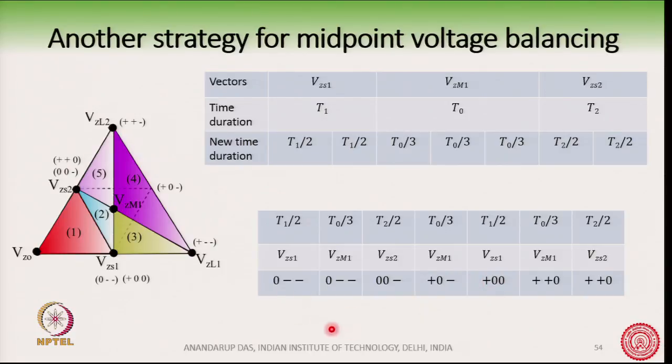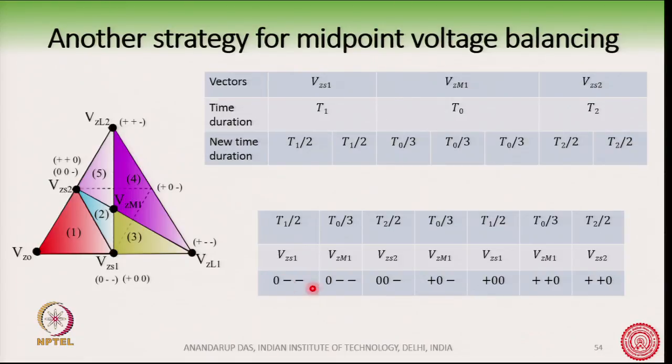Okay. So, these two are here. Similarly, Vz_M1 was 1/3 of 0 minus minus, plus 0 minus and plus plus 0. So, this is 1/3, 1/3, 1/3 here. Okay. And Vz_S2 was half of 0 0 minus and plus plus 0, these two half of. So, this is how this is done. Okay.